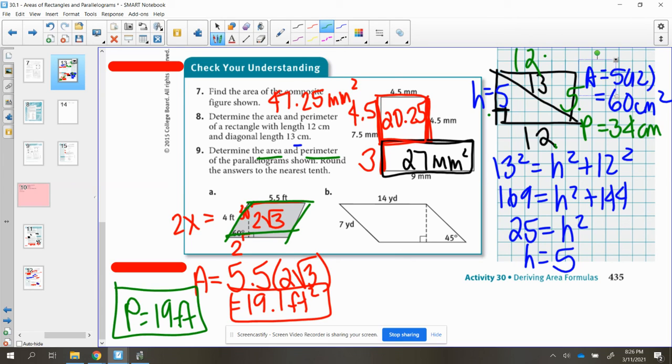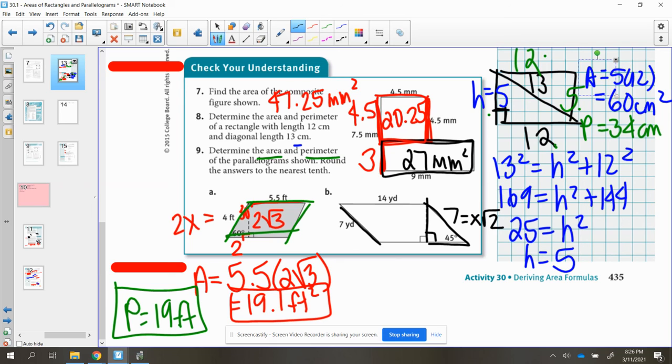Last but not least, on part B. Okay, on this one, notice we have a 45, 45, 90 right triangle. And our leg sides here are both going to be 7. So in order to get the height here, remember the hypotenuse is equal to x times the square root of 2.